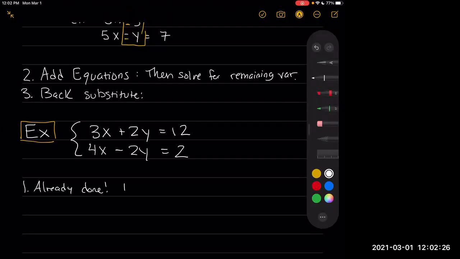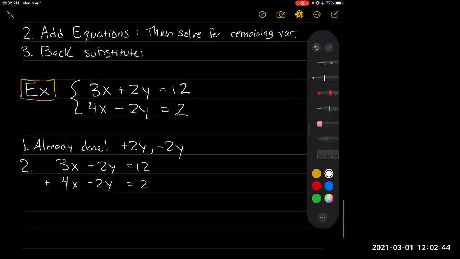We have a positive 2y and a negative 2y, so those will cancel. So now we are going to do that. We're going to have 3x plus 2y equals 12 plus 4x minus 2y equals 2. Adding these together, we end up with 7x plus 0y equals 14. So solving, that will give us x equals 2.